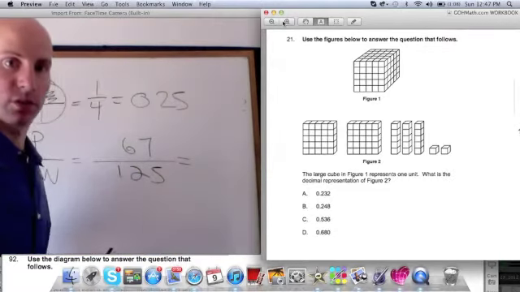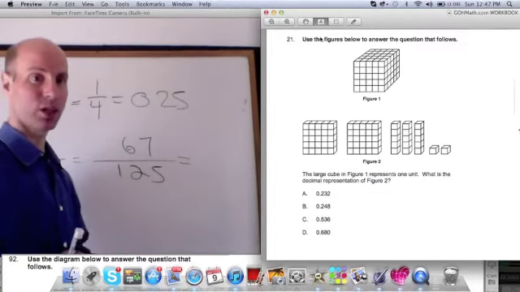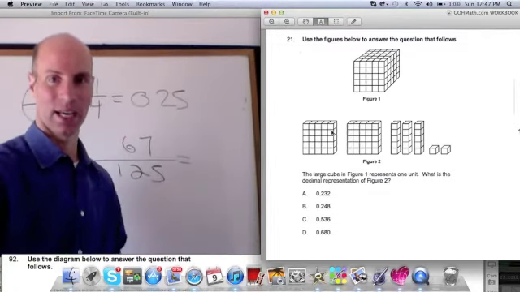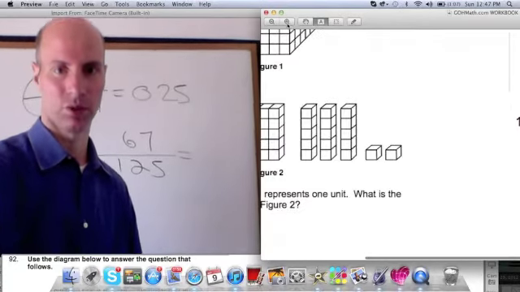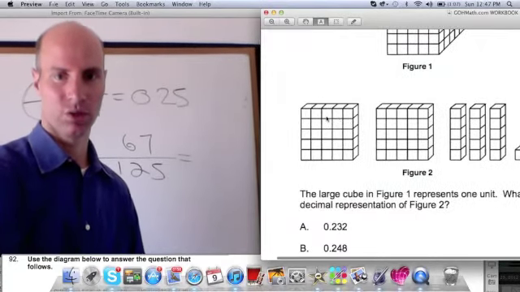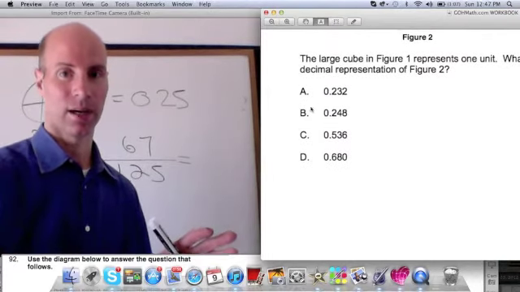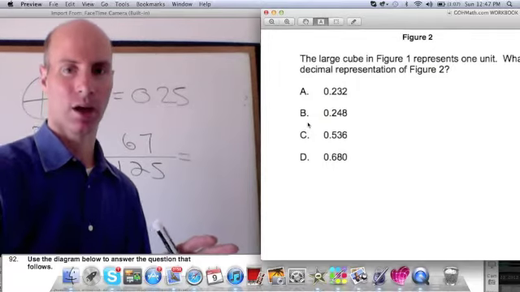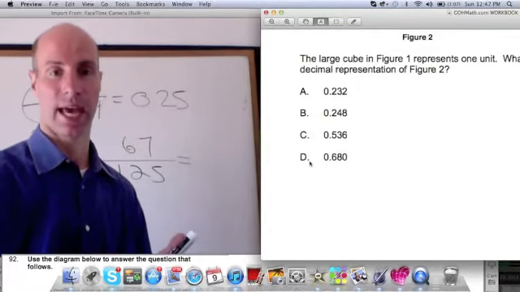I would first look at the answer choices. Because this is part of the reading that we didn't do, but we should have done, I zoom in on those answer choices just to point out very quickly, A and B are roughly a quarter, and C and D are roughly a half.